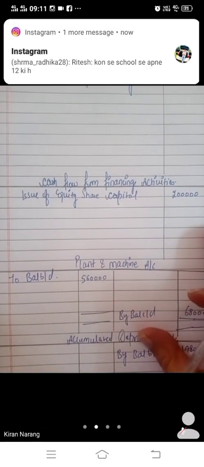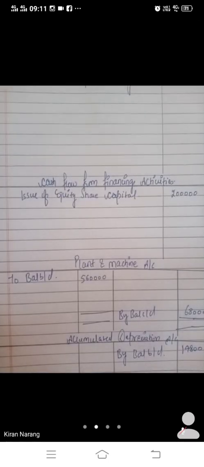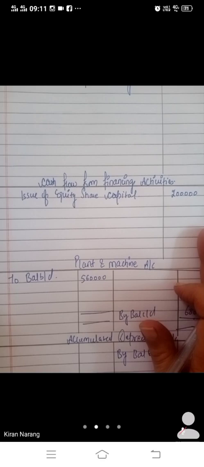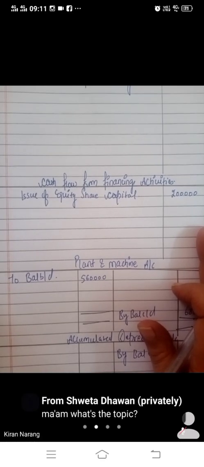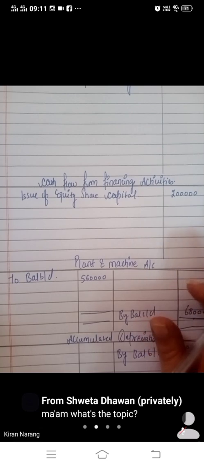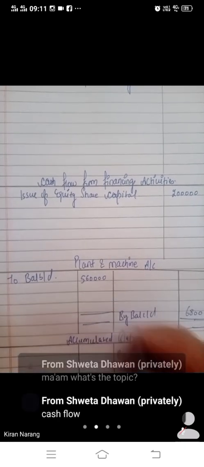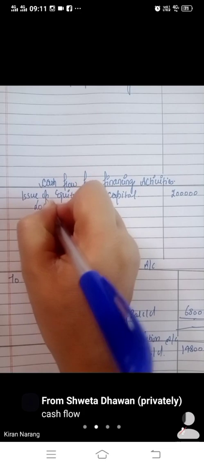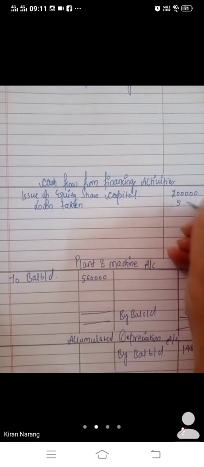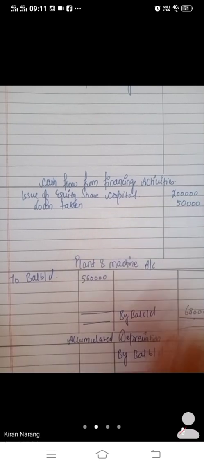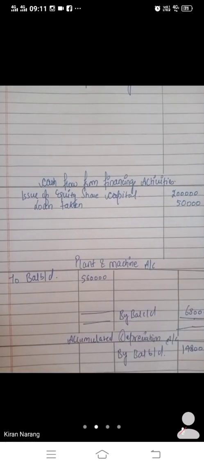So it is called issue of equity shares. Issue of equity shares rupees 2 lakh. Then बच्चे, loan from bank 150 to 2 lakh. It is also loan taken. Inflow of cash 1,50,000 to 2 lakh means 50,000 increase is there. Loan taken 50,000 bete.